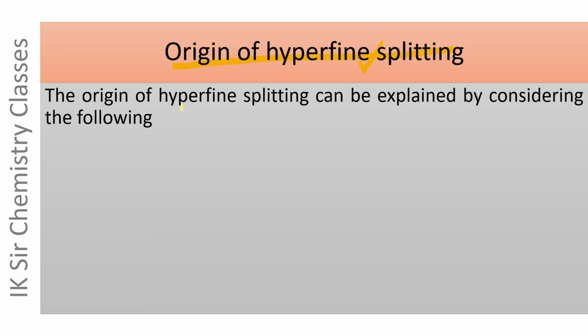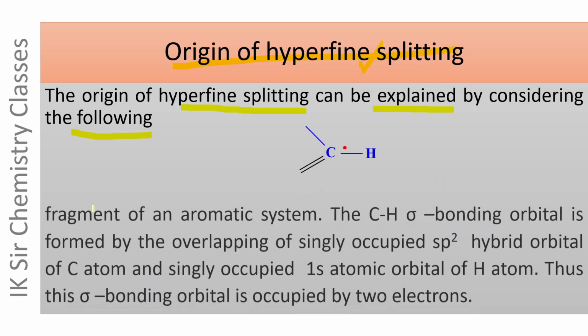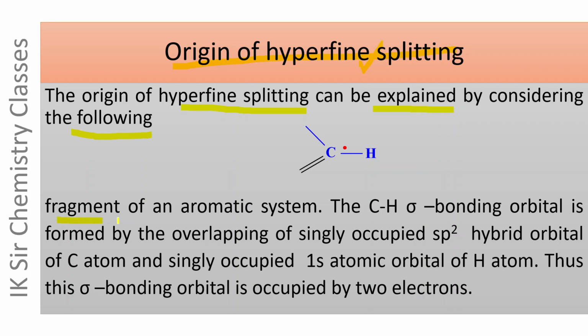The origin of hyperfine splitting can be explained by considering the following fragment of an aromatic system. This is a fragment of an aromatic system in which the carbon atom is sp2 hybridized, forming 3 sigma bonds and 1 pi bond.